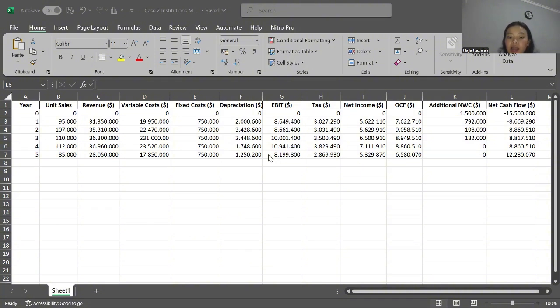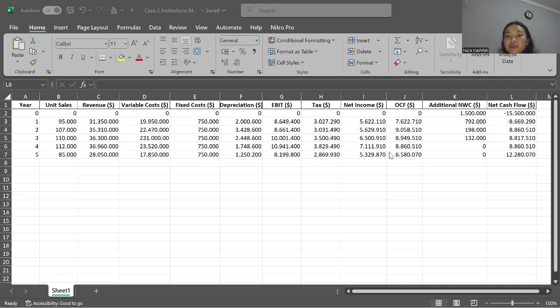Next is EBIT. EBIT we got $8,199,800. Next is tax. Tax we got $2,869,930. Next is net income. We got net income $5,329,870. And operating cash flow is net income plus depreciation.